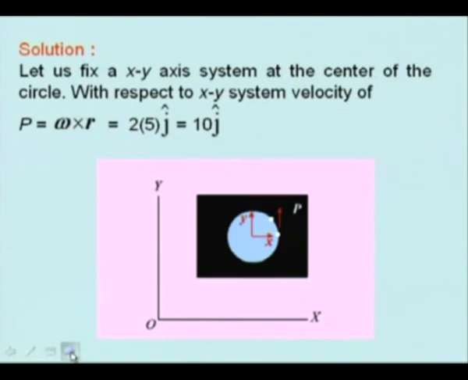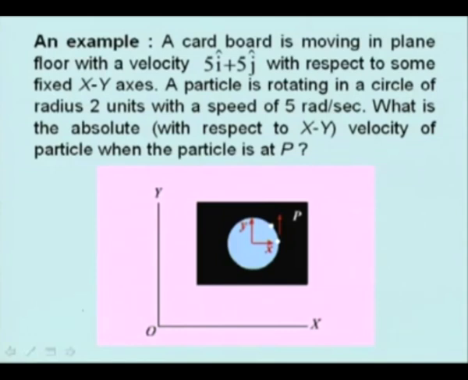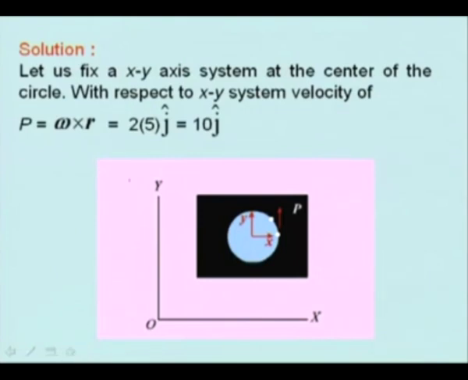Now fixing the xy axis system at the center of the circle, with respect to the xy system, the velocity of point P is given by omega cross r. Here r is 2 units and omega is 5 radian per second. So this is 2 into 5 j, that means it comes out to be 10 j units.